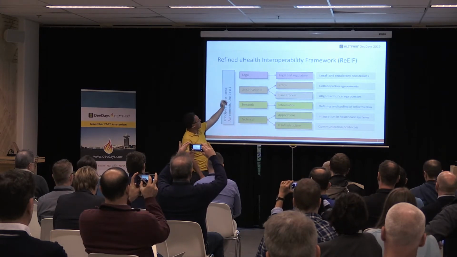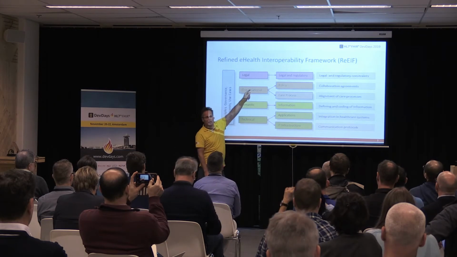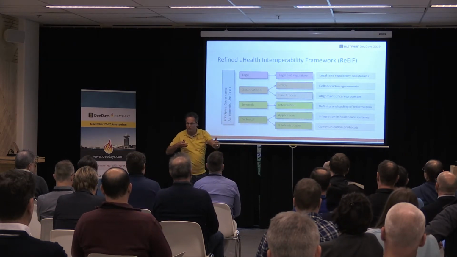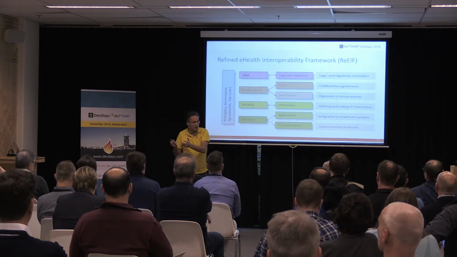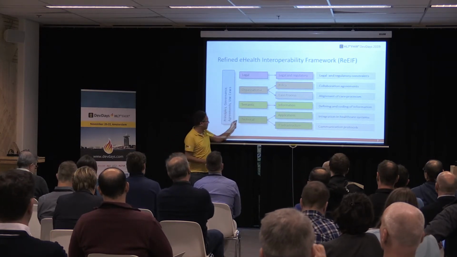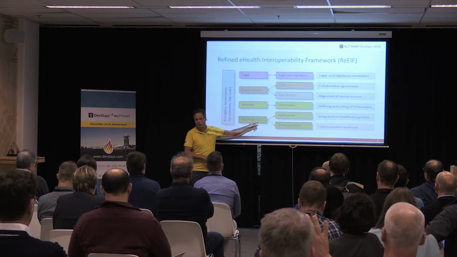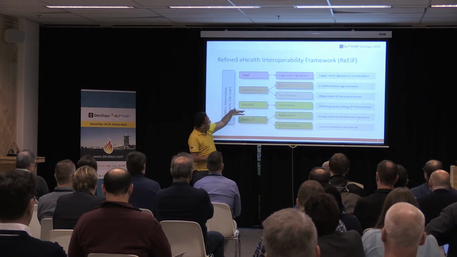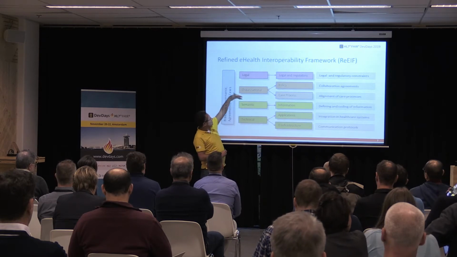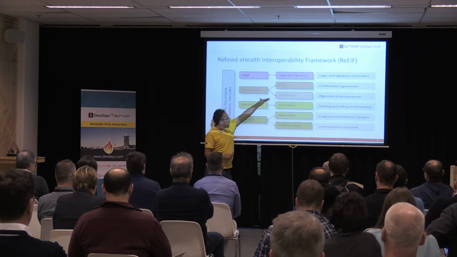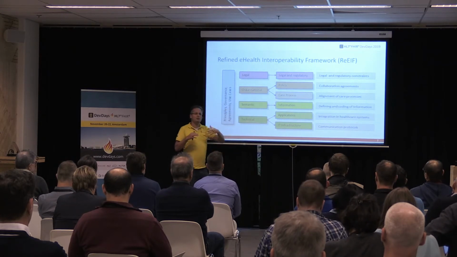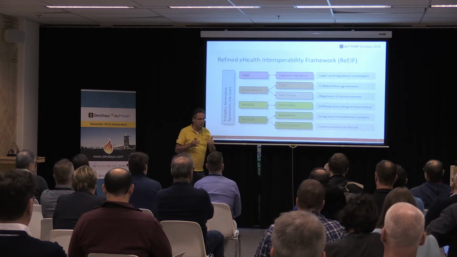You also have to have agreement on the legal level. If I'm going to exchange between my country and your country, but there is some legal requirement that doesn't actually allow us to do so, well, then we can talk about the technical aspect until we're blue in the face, but it's not going to happen, right? So you need to have these interoperability agreements at the organizational level, at the workflow level, at the requirements or information model level. You need to have it at all of those levels.